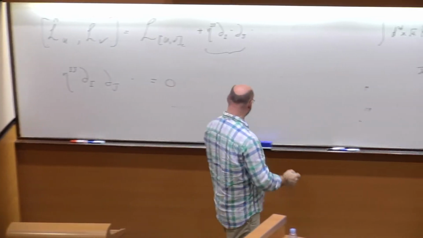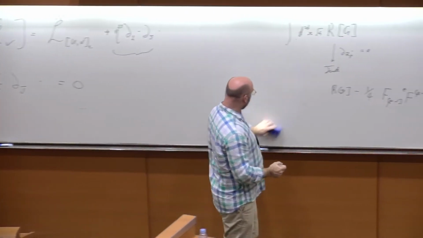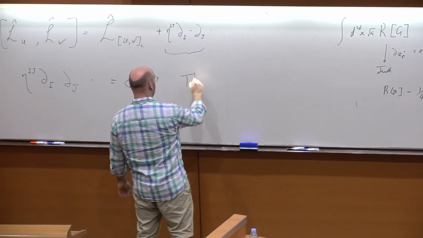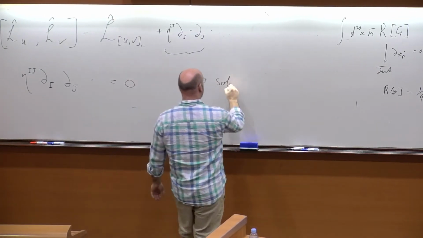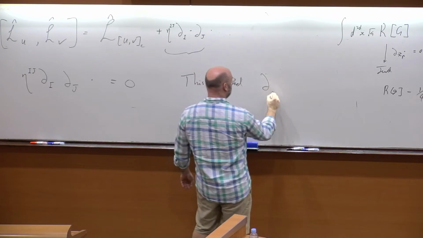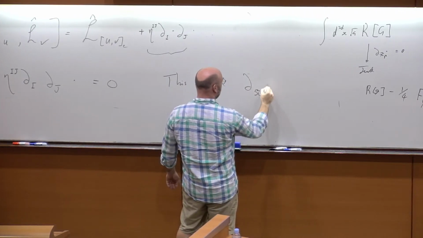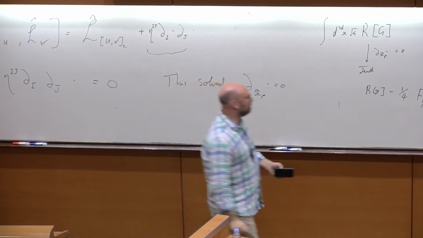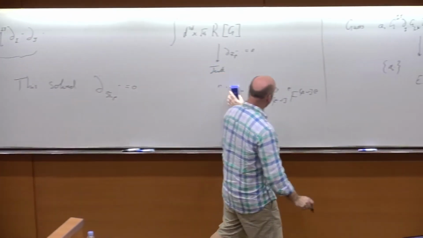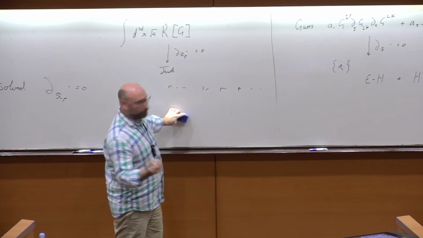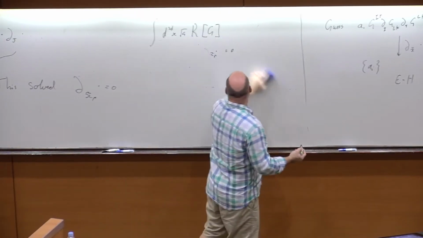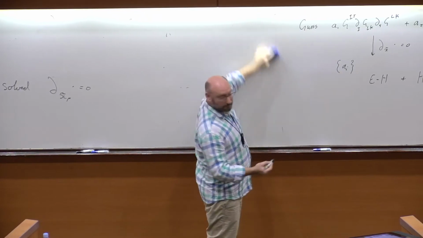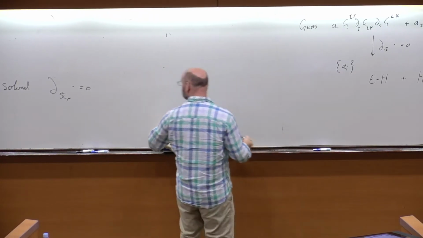Okay? Now, of course, this is solved by dx tilde mu acting on anything is equal to 0, which is how we constructed the theory. But it already has something a little bit more general, which is that we can consider different solutions of that constraint and see what you get.